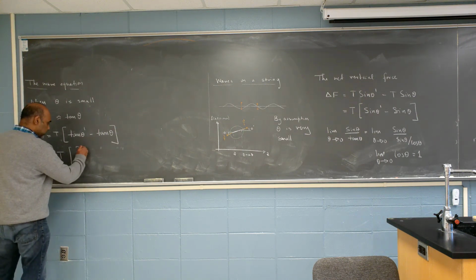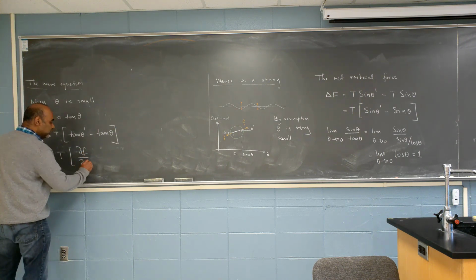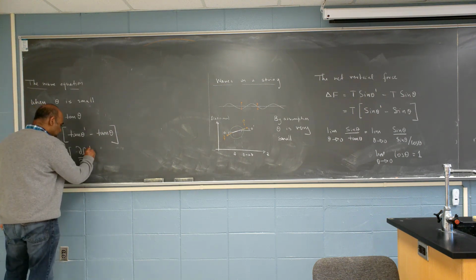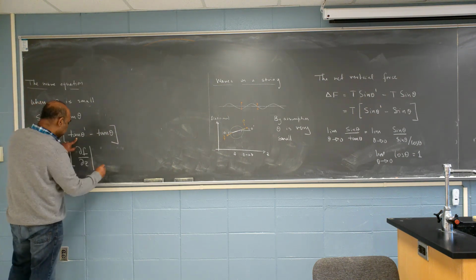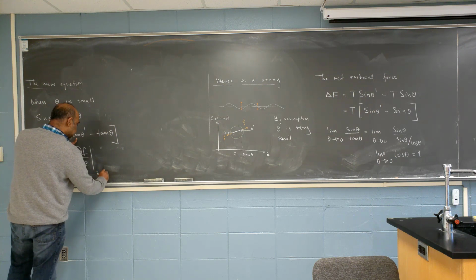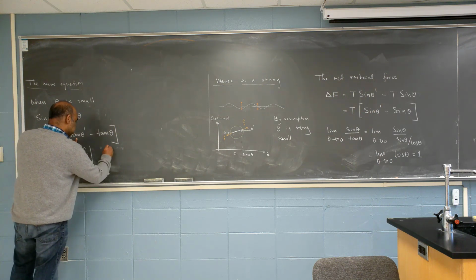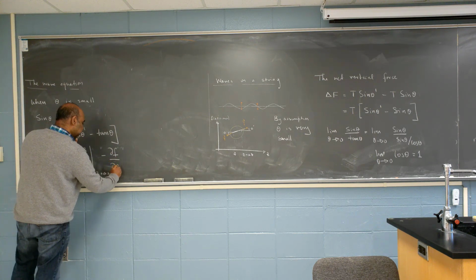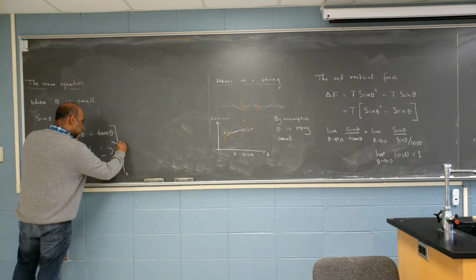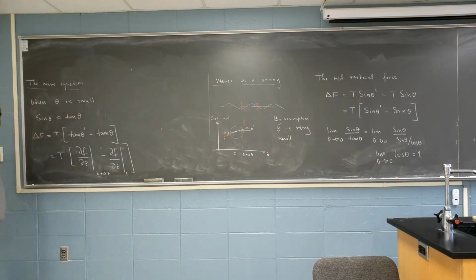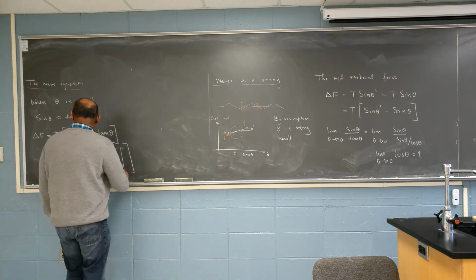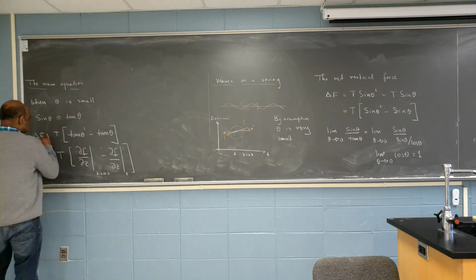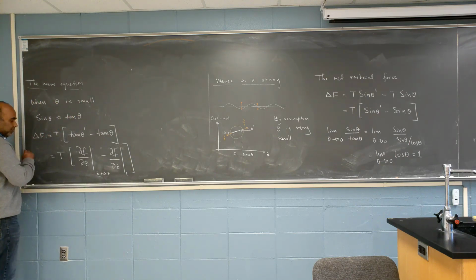So I can write it as a differential equation, see? And at what point am I evaluating it? It's theta prime, so evaluate it at z plus delta z, minus evaluated at z. Correct? Now, this is the art in physics, huh?